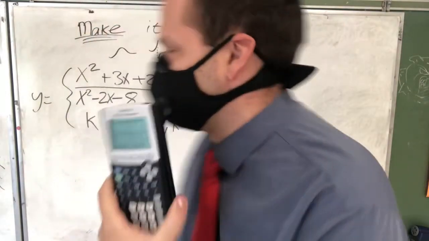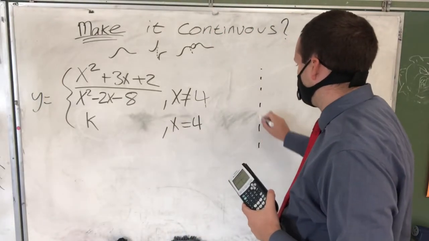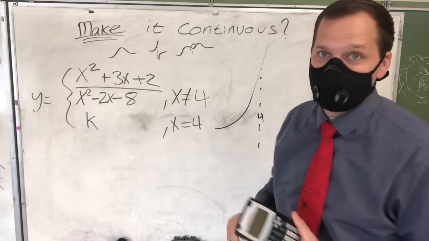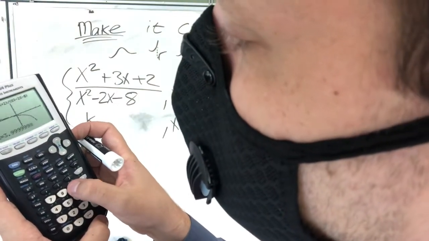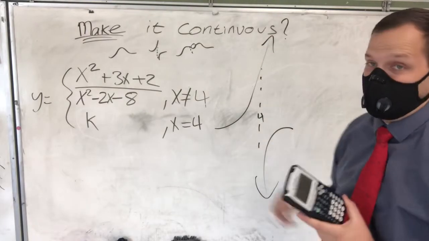Ooh. So right here, the line's going along. You've got 4, and it goes up really, really high. Well, let's look at what happens from the other side. 3.9999999. Ooh, it's negatives. Okay. So in this case, we've got an asymptote going on.